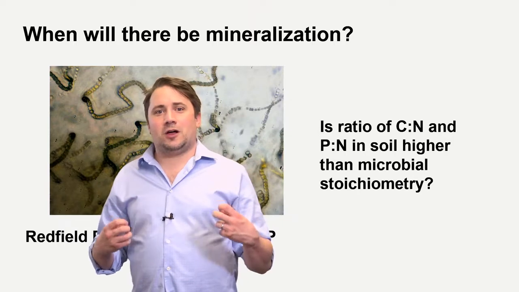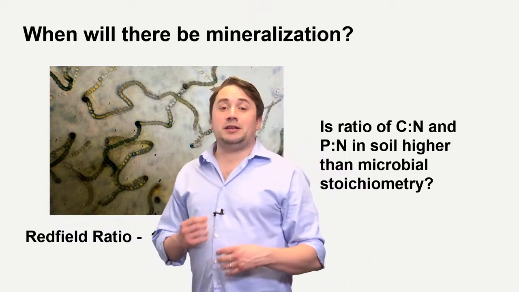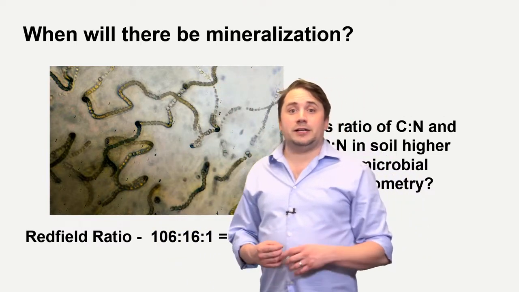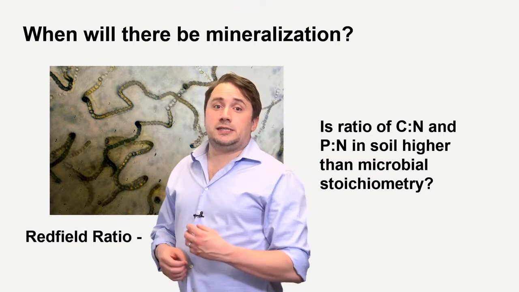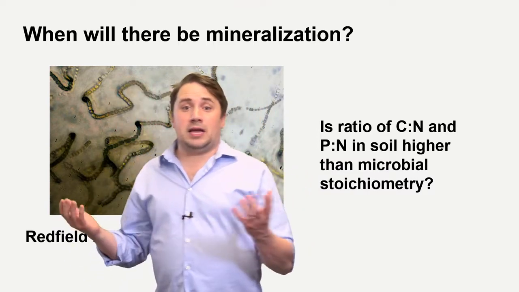because nitrogen isn't a waste product of metabolism. It's a vitally important element that microbes need to grow and reproduce. It's only when you have an abundance of nitrogen in the tissues that a microbe is decomposing that it will release nitrogen, because that nitrogen is then in excess of its biological demand, and thus it's essentially a waste product.